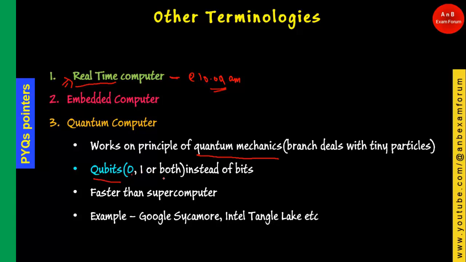These tiny particles can be in any state, and when they stay in both states, it is known as a qubit. People say these computers are faster, and even Google and Intel are working on quantum computers. Tangle Lake and Sycamore are examples of quantum computers.